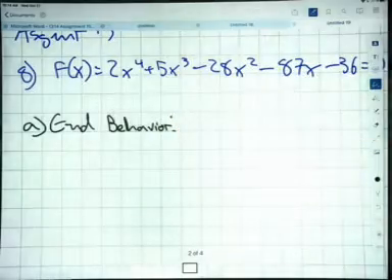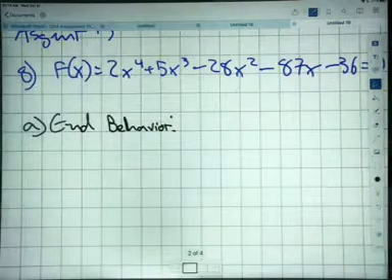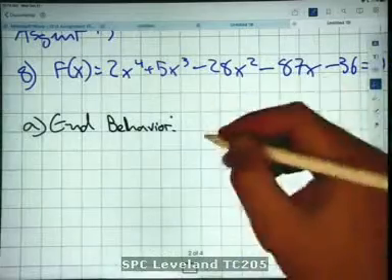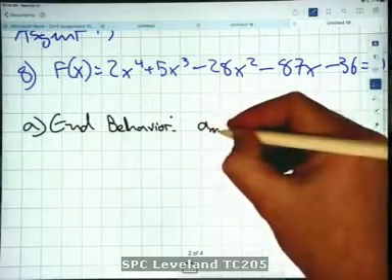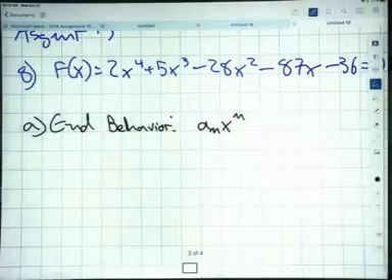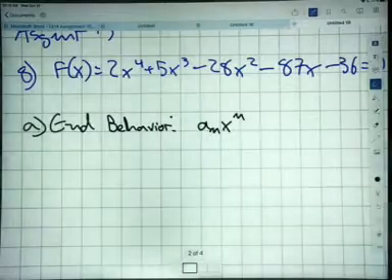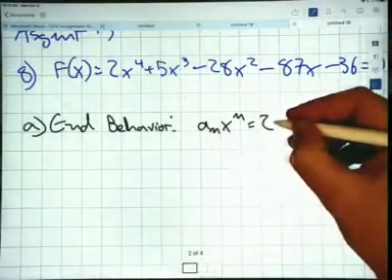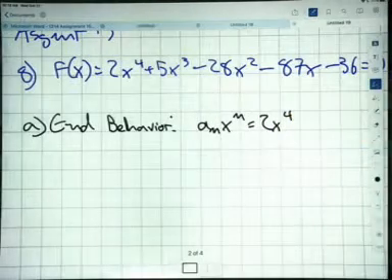Did y'all find the end behavior of this? No. Alright, so let's do it together. End behavior requires us to look at that leading term, a sub n x to the n, which in this case is going to be 2x to the fourth.